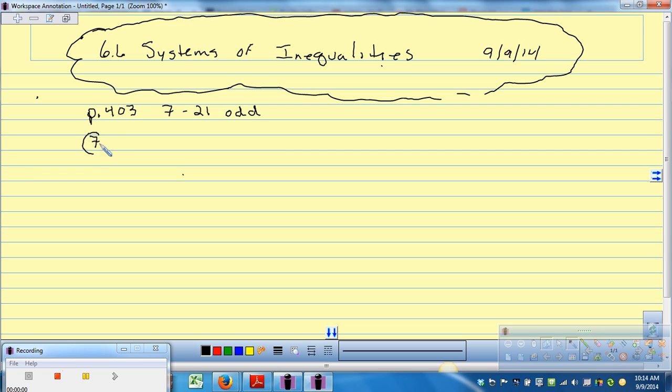So number 7, it's the first one in your homework or classwork, says, determine if the point is a solution in the system.